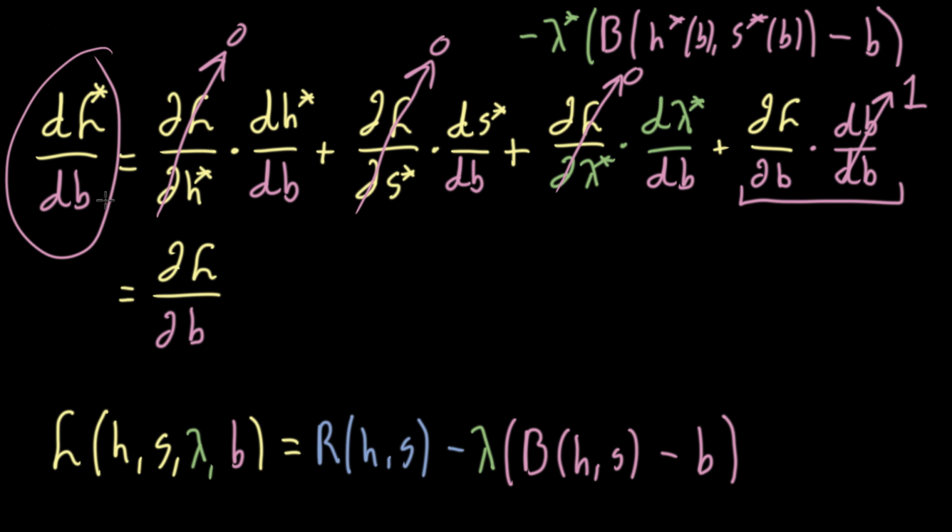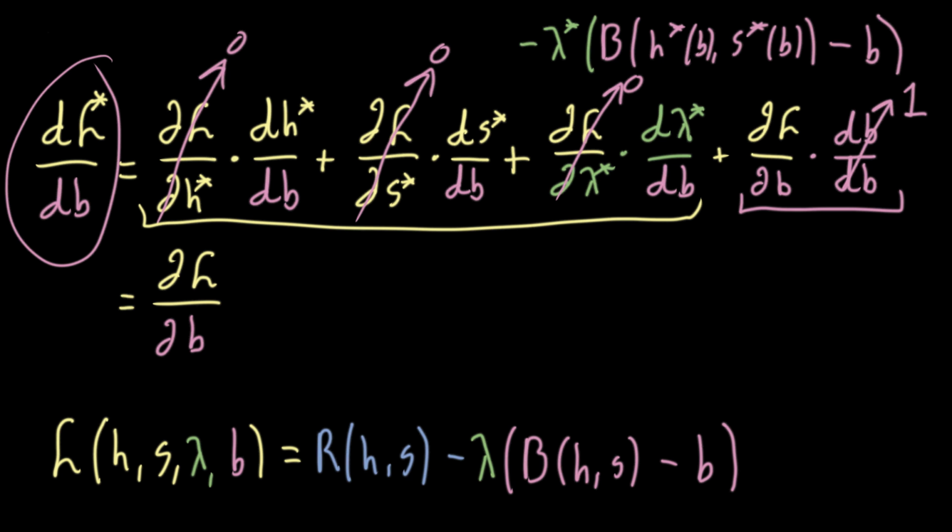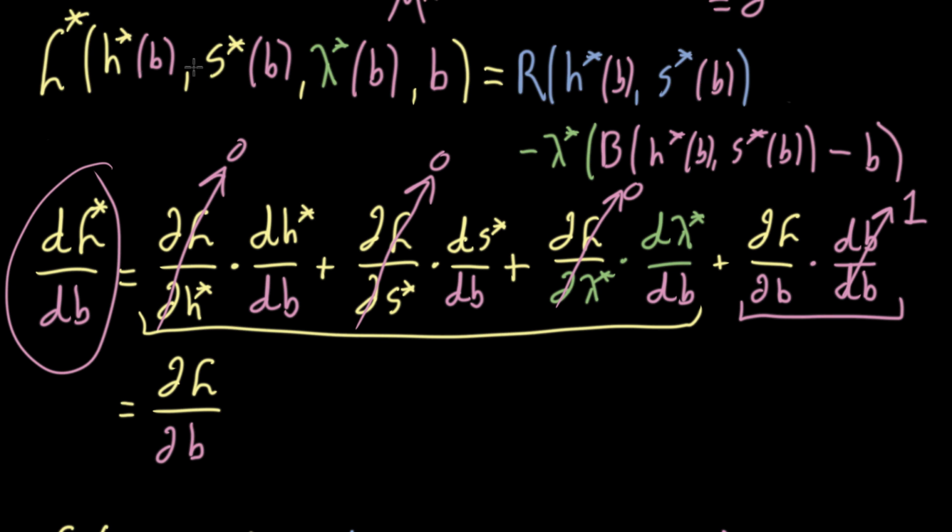Usually, in any usual circumstance, all of these other terms would have come into play somehow. But what's special here is that by the definition of this L star, the specific way in which these h star, s star, and lambda star are locked into place happens to be one in which all of these partial derivatives go to 0. So that's pretty subtle, and I think it's quite clever.